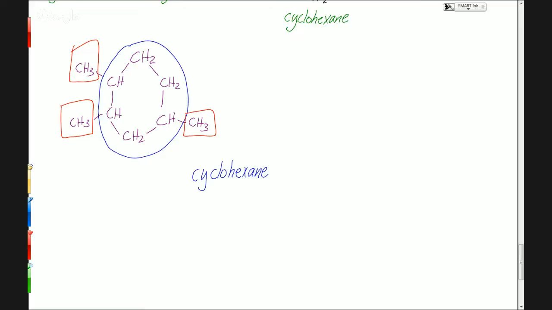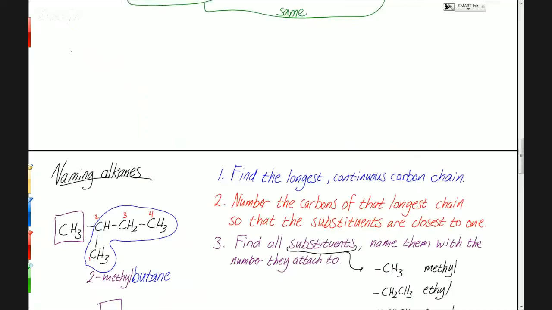How are we going to number around that ring? Does it matter where we start with 1? What's going to control that? How do we decide where to put 1? When we were looking at chains, our rule was to number so that the substituents are closest to 1.